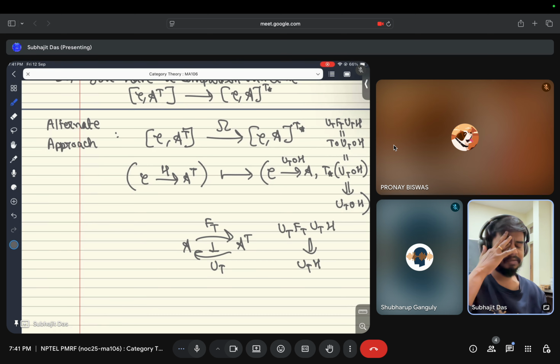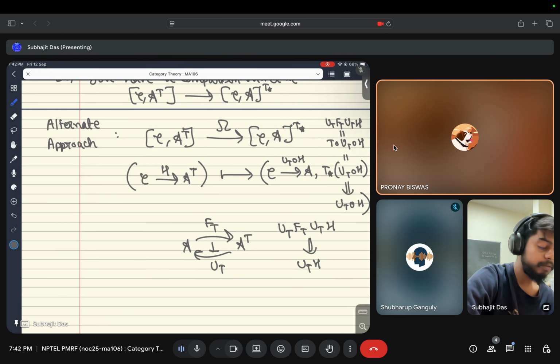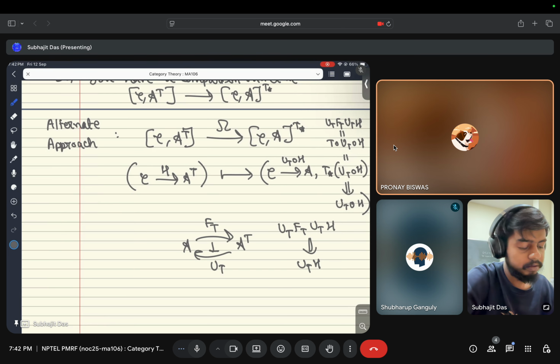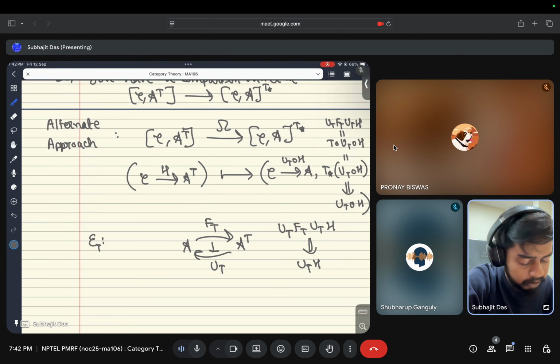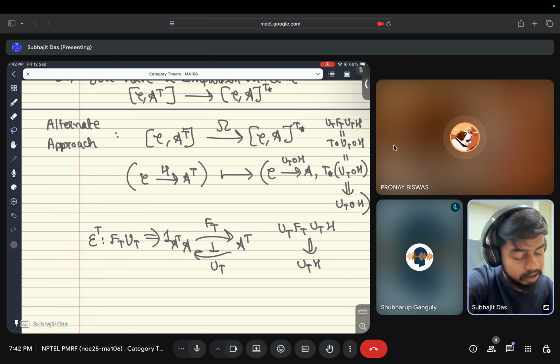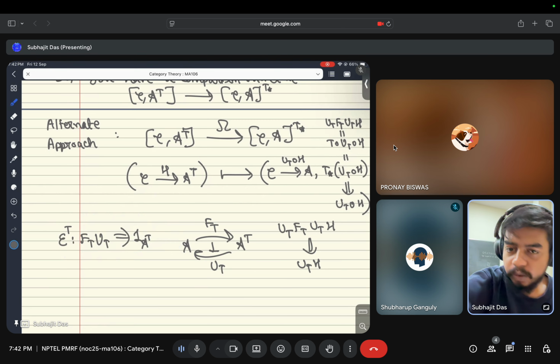What can we use? Epsilon power T, let's say, is from FTUT to the identity on A power T. This exists, this we know, the counit of that adjunction.